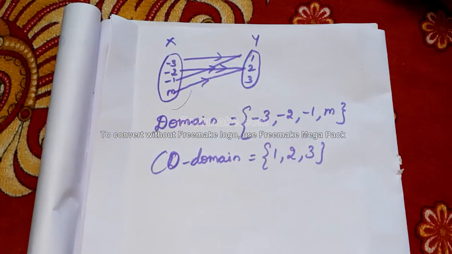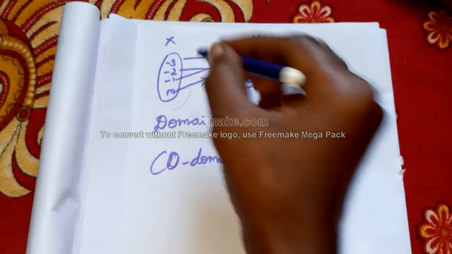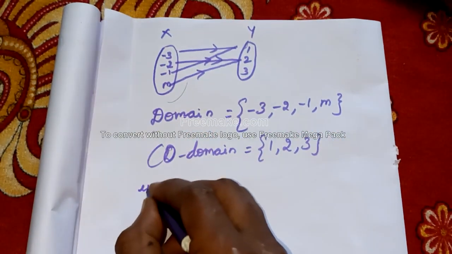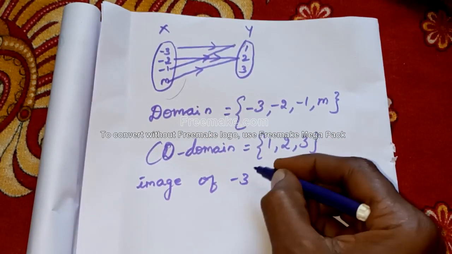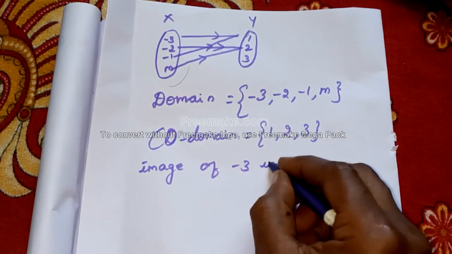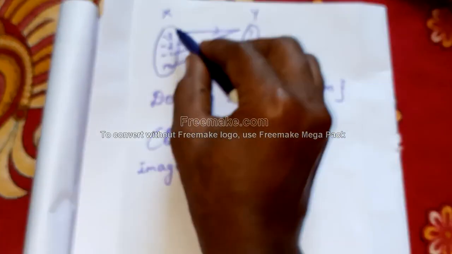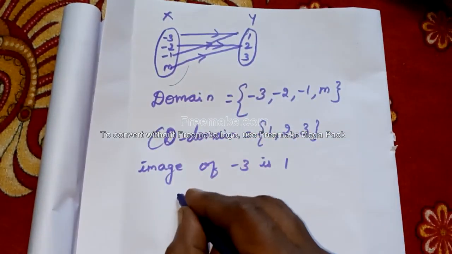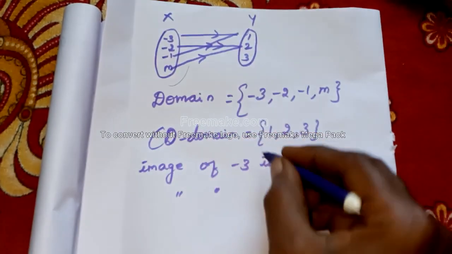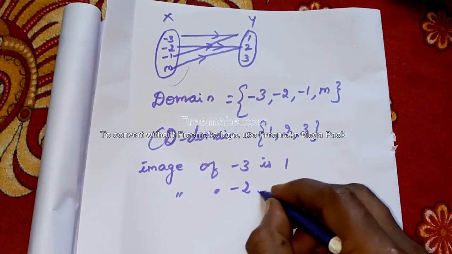Now image of -3 is 1. In the relation itself you have learned, is it, image of -3 is 1. Next, image of -2 is 2.